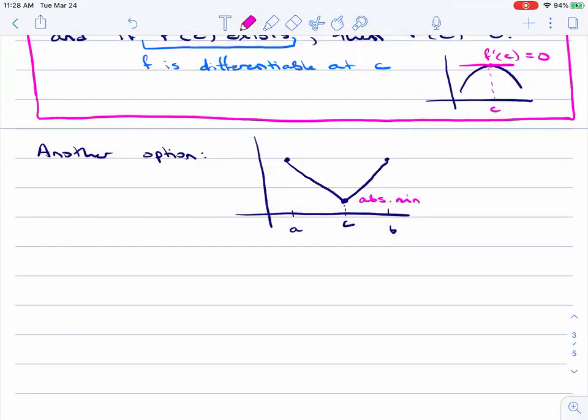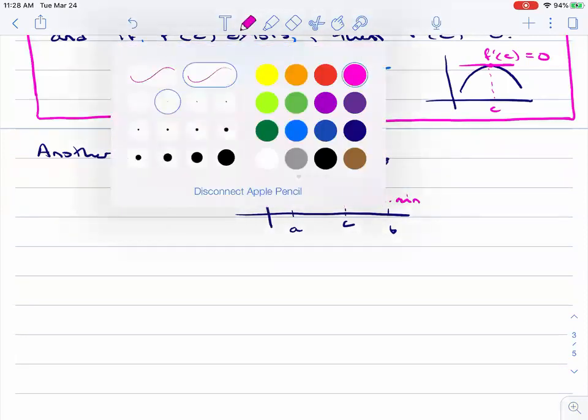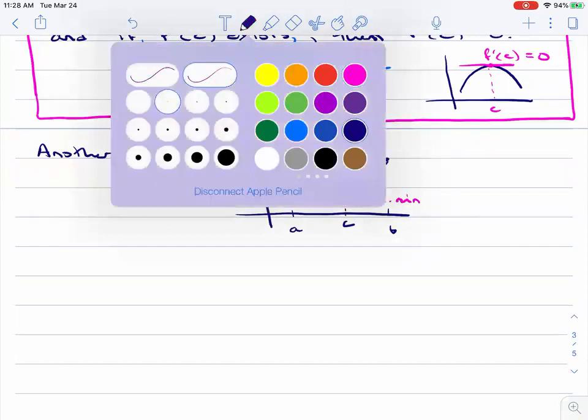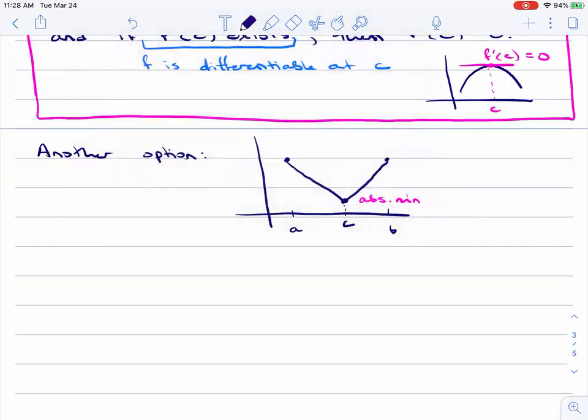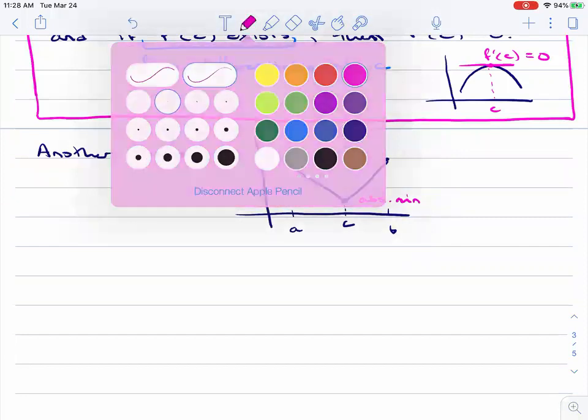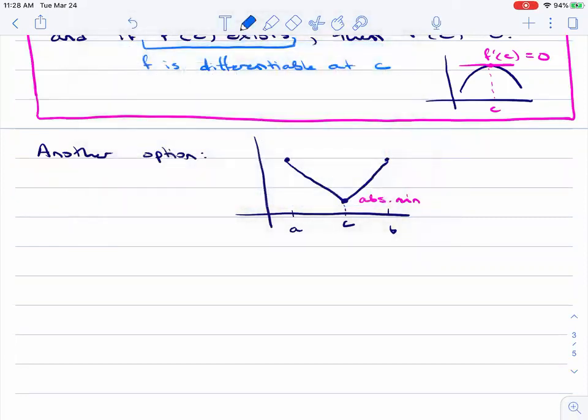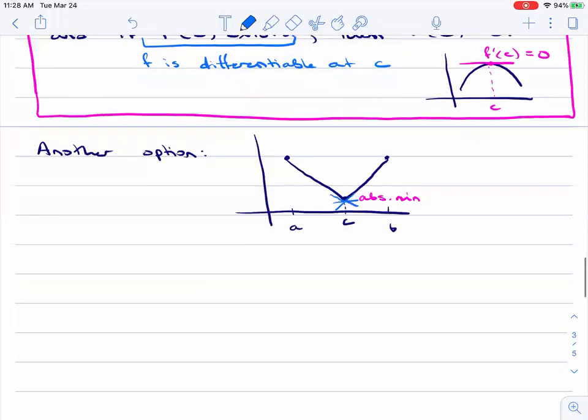But we know at this corner, if I try to draw my tangent line, this is saying that f prime at c does not exist.